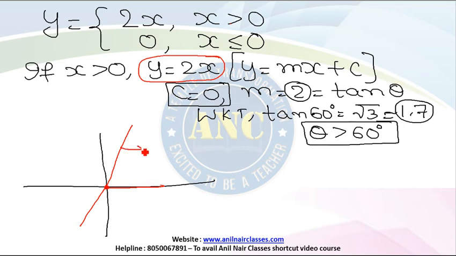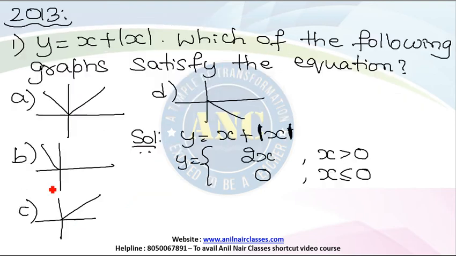For positive x-axis, this should be the graph. For negative x-axis, what should be the value of y? It should be 0. That means y value is 0. Now this is the graph which should be my correct answer. Check out in your answer options the graph which is satisfying. Answer is option C.